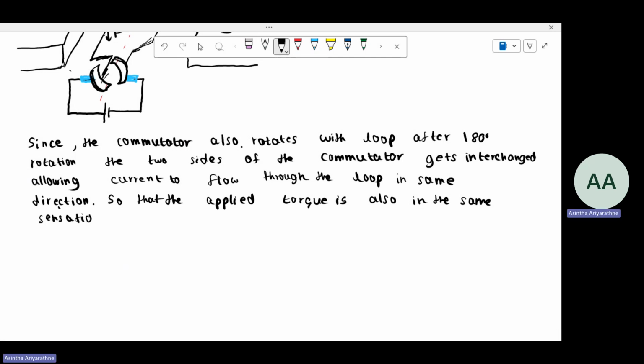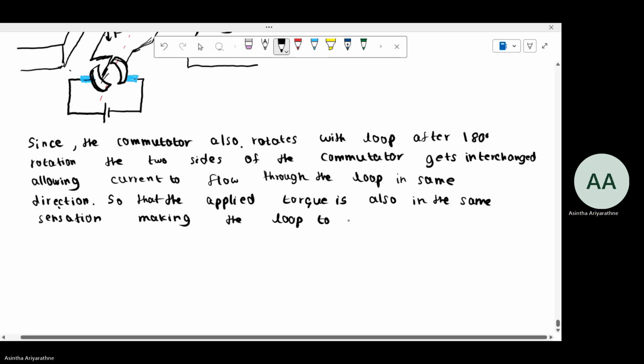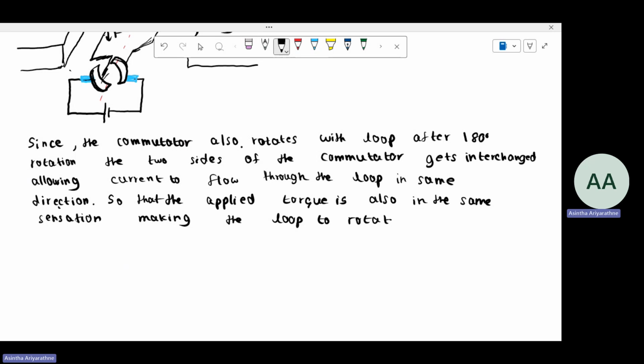Same sense, making the loop rotate in the same direction continuously.